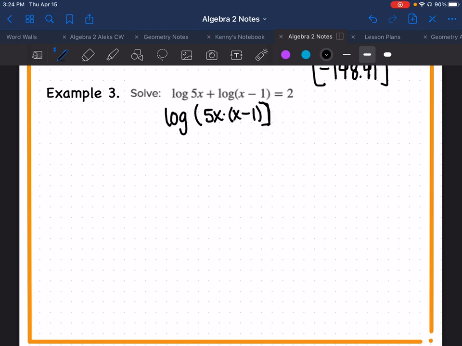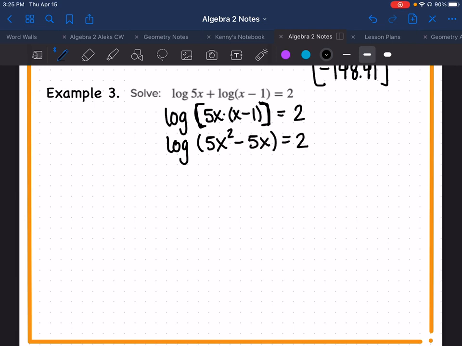I'm going to make these brackets because of all that parentheses. I am going to distribute the 5x. So 5 times x and 5 times -1. So 5x times x would be 5x squared, and 5x times 1 would be 5x.